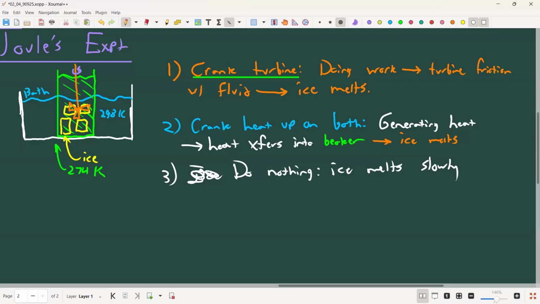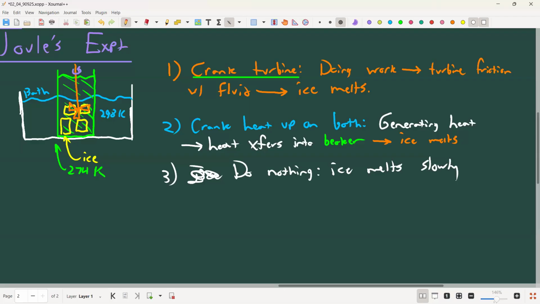And what he concludes is that it doesn't matter how you apply the energy, the same thing happens. And if you think about how much heat is generated from a flame versus how much energy is generated from a crank, he finds that no matter how much energy you apply either way, you get the same result. Right.